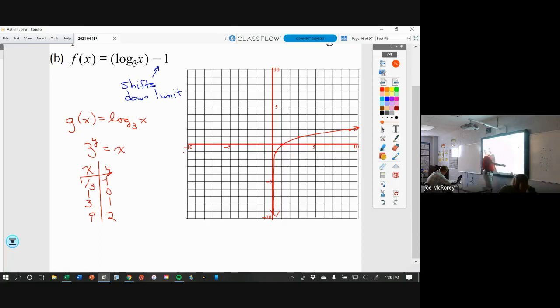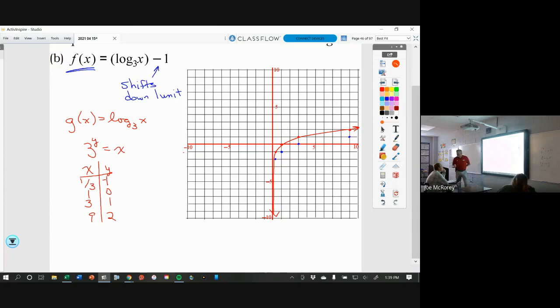Okay. And f of x is simply the exact same graph, except we're moving every one of those points down 1 unit. So here, here, here, here.